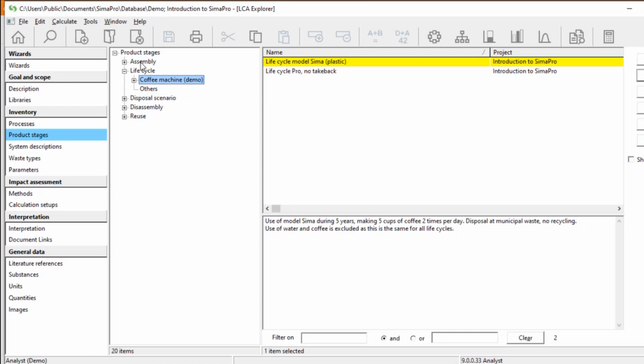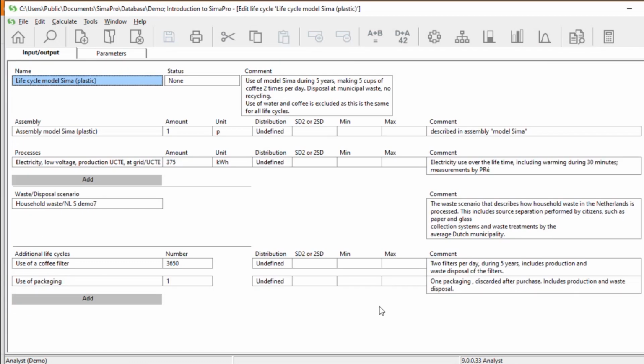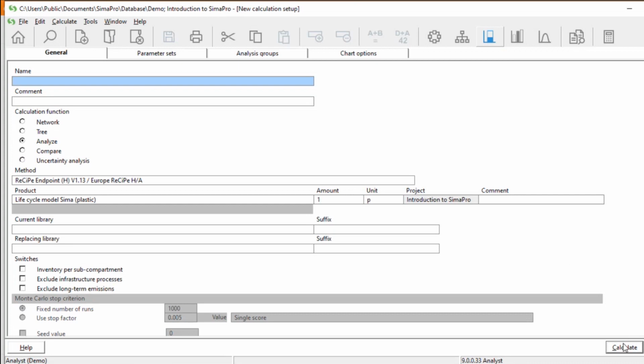Again I am repeating: the assembly one is for the assembly only, and the life cycle one includes all the steps including disposal. So double click here, and the same thing, analyze and calculate.